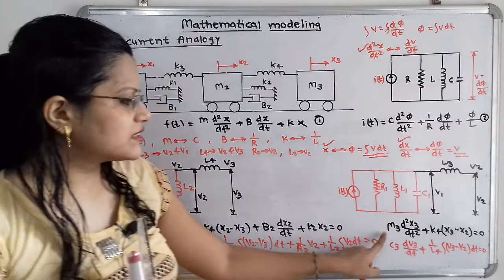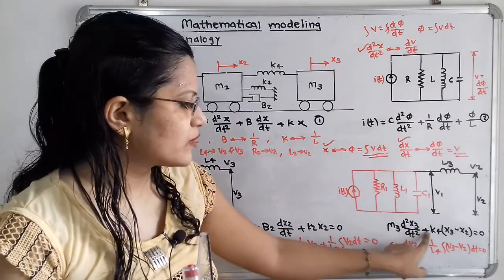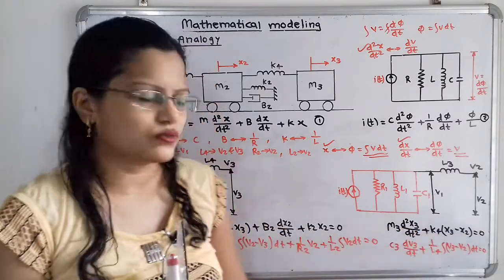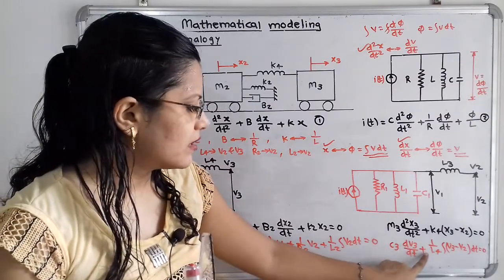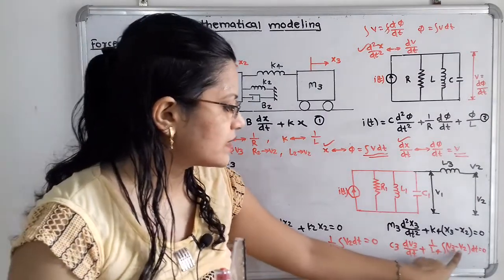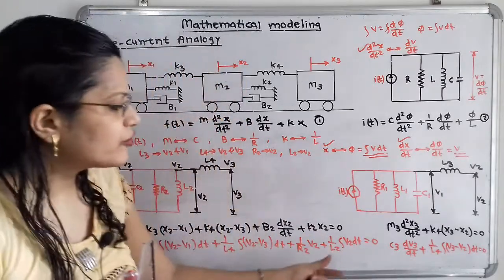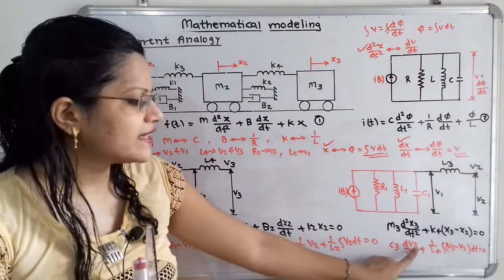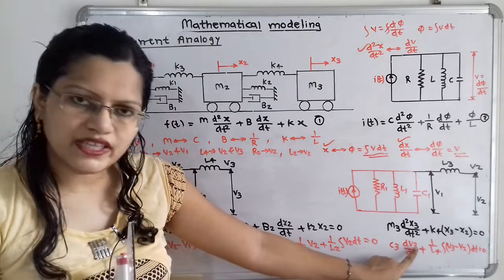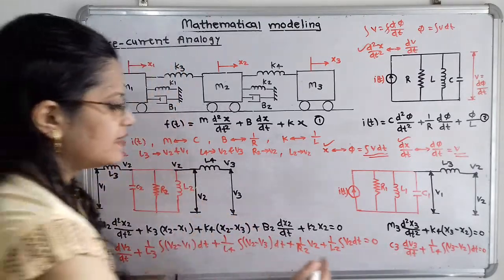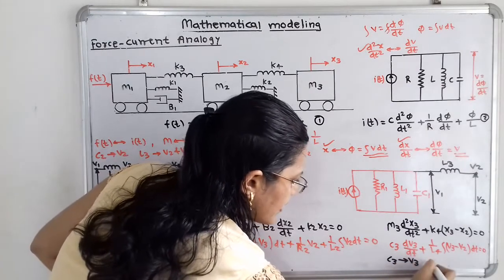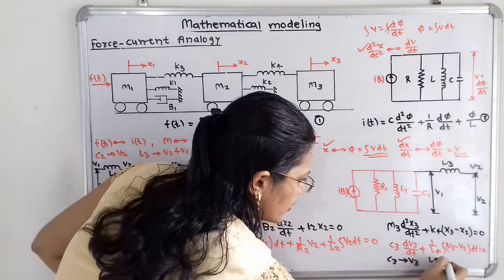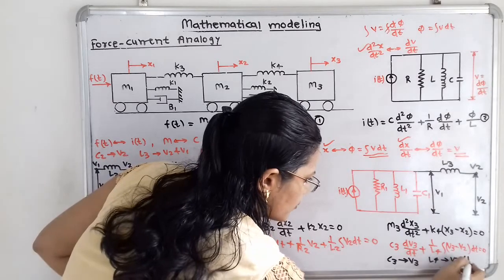So the third equation is m3 d square x3 by dt square plus k4 (x3 minus x2). Instead of m3 I will take c3 dv3 by dt plus 1 by l4 (v3 minus v2). Now if we observe, this c3 is along with voltage v3. So C3 is having voltage V3 and L4 is having voltage V3 and V2.